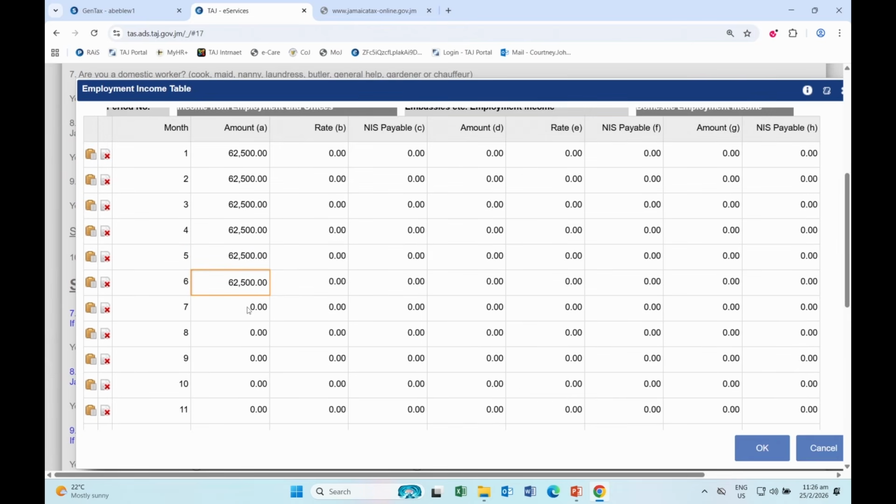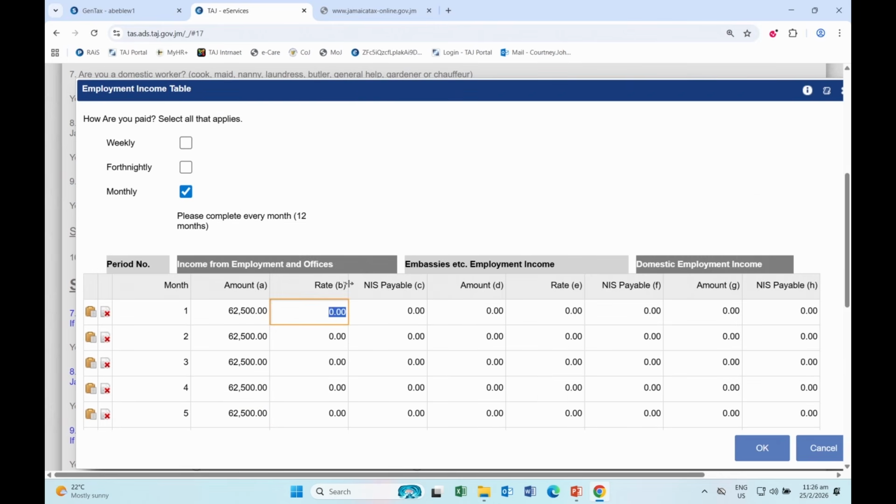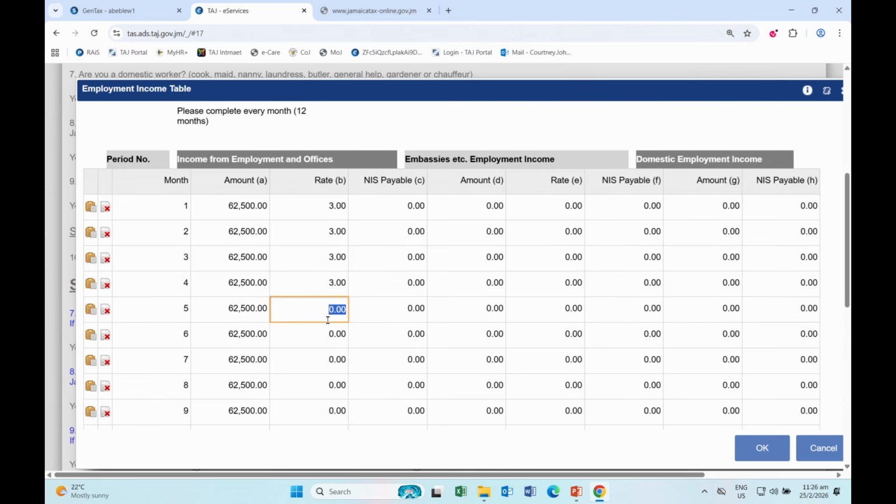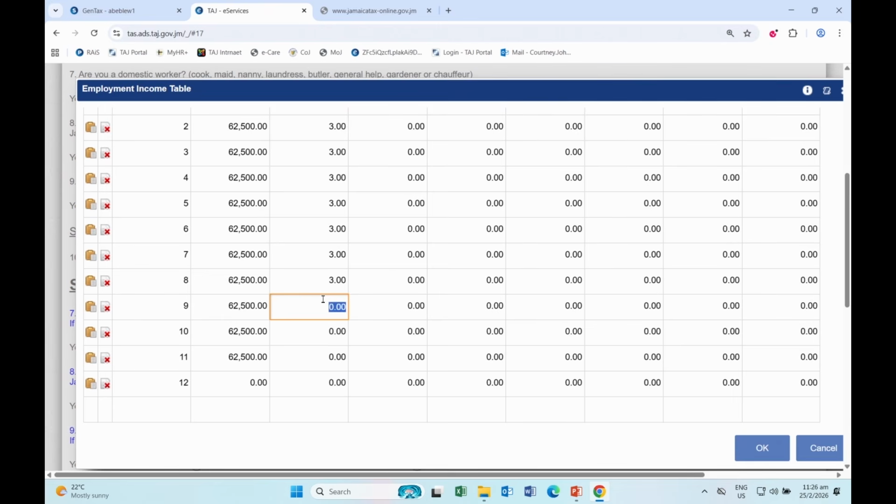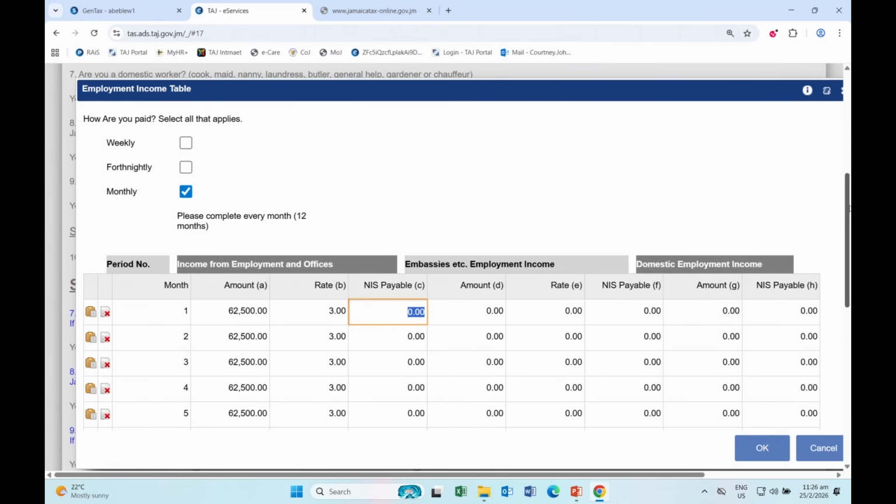The NIS rate for the individual is 3%. So the column that's in the middle, or the next column, would require that you enter the rate for each period. The column that's across from it would basically be you entering whatever the NIS was for that period. So let's finish these rates. $1,875 would be the NIS amount when you divide the 22,500 by 12.